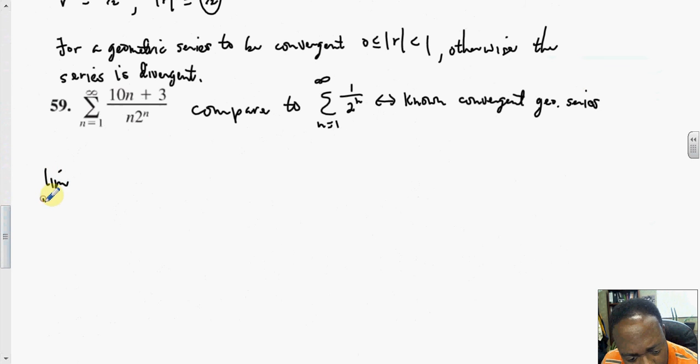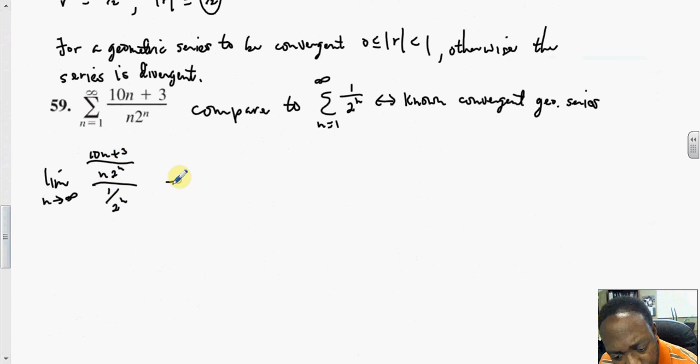So this is the limit as n goes to infinity. Here we have 10n plus 3 over n times 2 to the n, divided by 1 over 2 to the n.